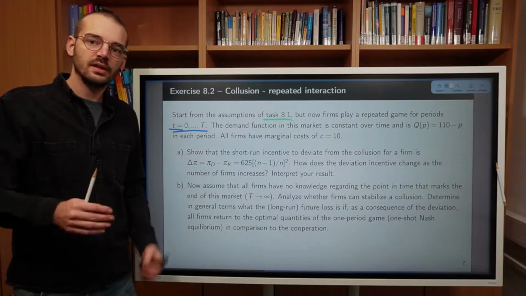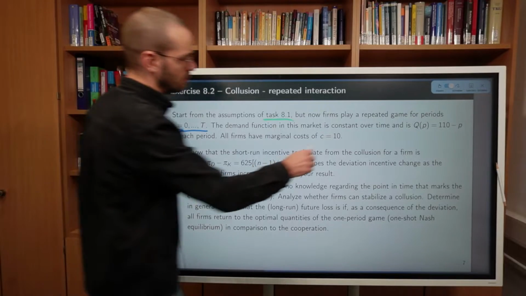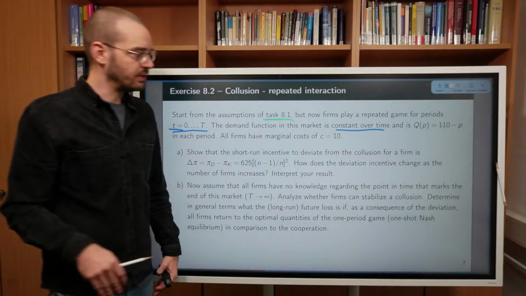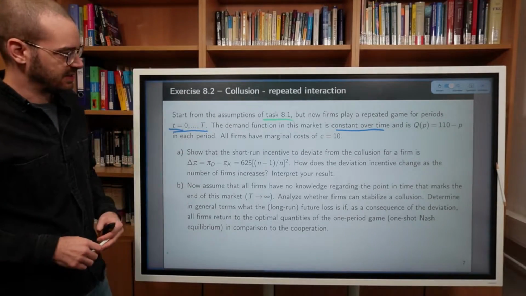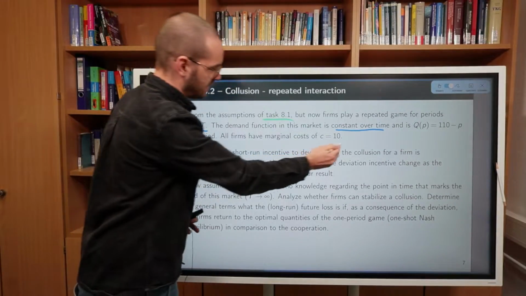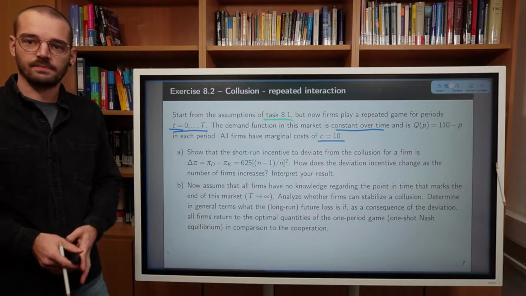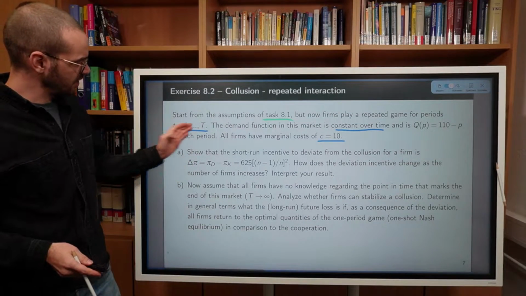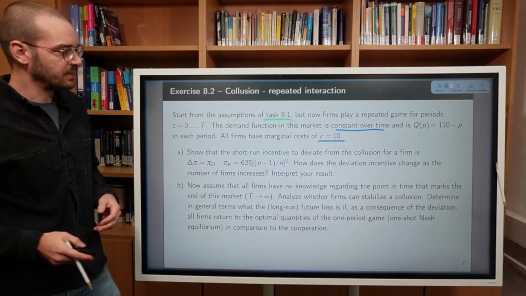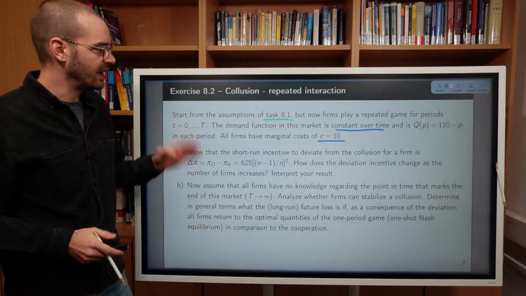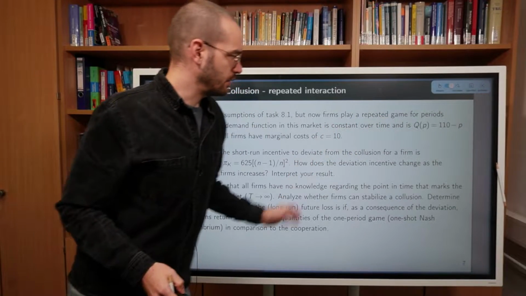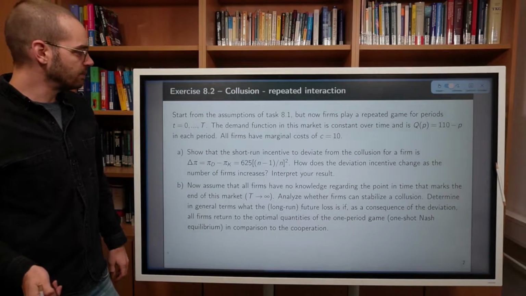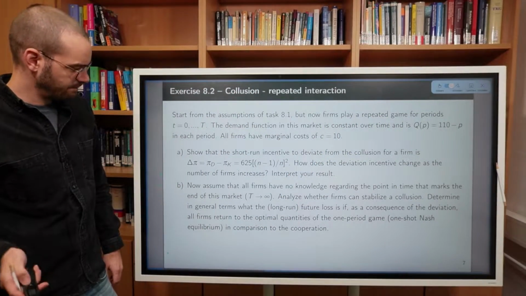We will just additionally assume that it is constant over time. So in every single period, the demand function is the one we already know from the previous exercise. And same is true for the marginal costs. Just the same as we already knew it from the previous exercise, and the same for every single period. Alright, let's talk about collusion in this multi-period setting.